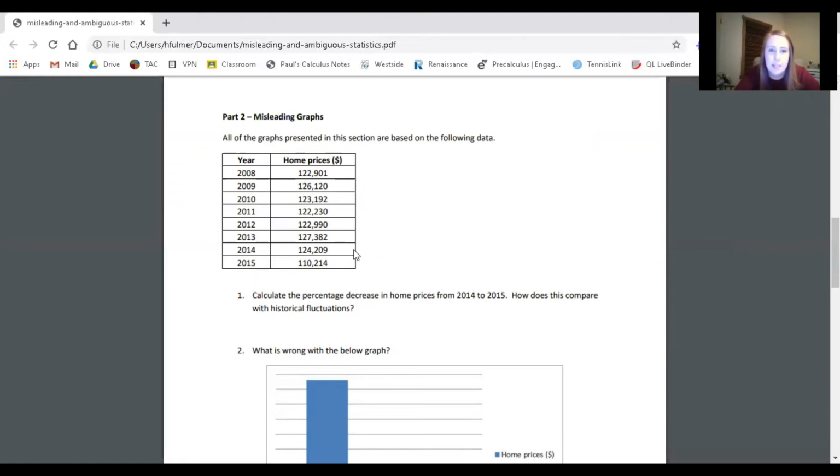So subtracting 110,214. And then whatever number you get as your result, you have to figure out what percent of the 124,209 that is.